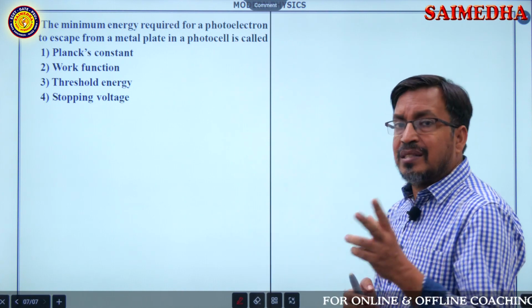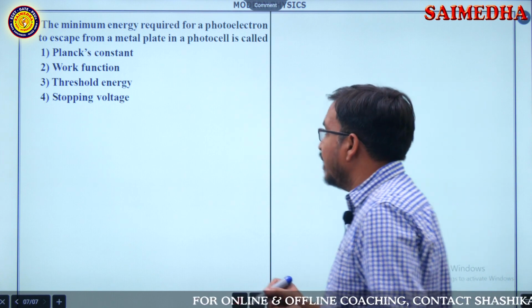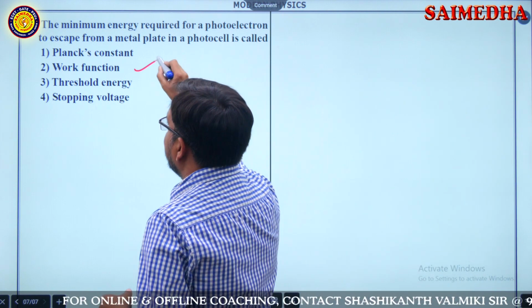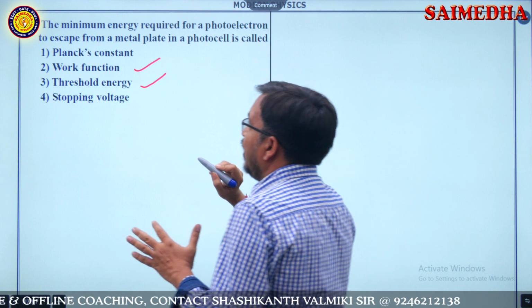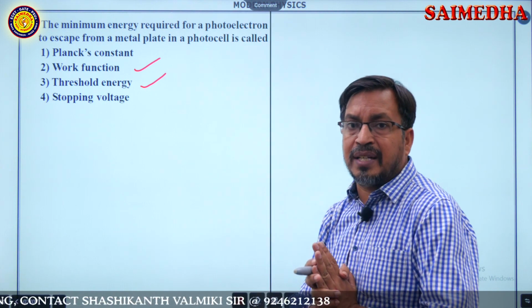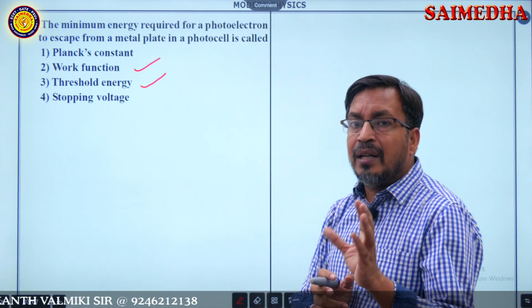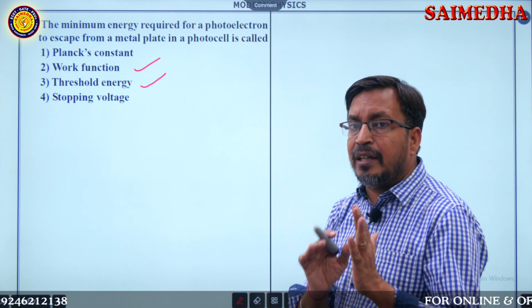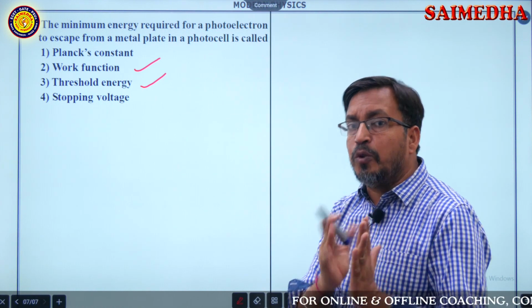Here both answers are correct, that is work function and threshold energy. So remember students, both answers are correct, but sometimes this is not expected, we are expecting one, that's why 2 options are given.